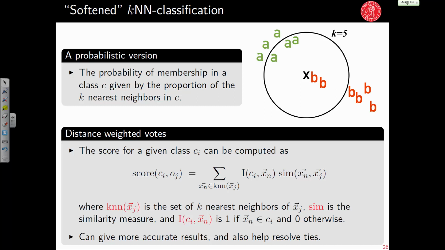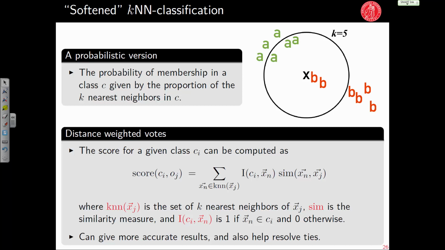In order to make this equation general, we have this check function that checks if xn, the current nearest neighbor, is a member of the class Ci that we are scoring. If it's a member, then it's 1. If it's not a member, then it's 0. This is just to make the equation general, because we know we have different classes and the nearest neighbors could belong to different classes.